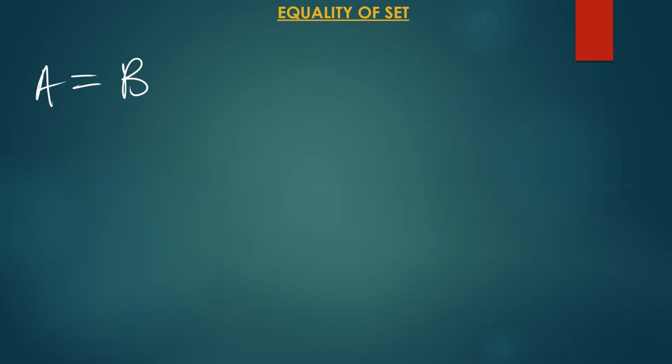So how do you define equal sets, or equivalent sets? When we talk about equal sets, for a set A to be equal to a set B, all the elements that are in A are supposed to be in B.